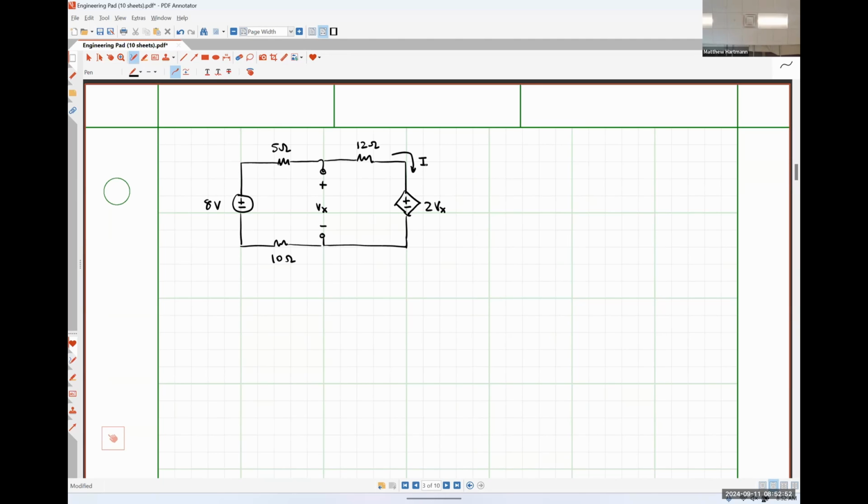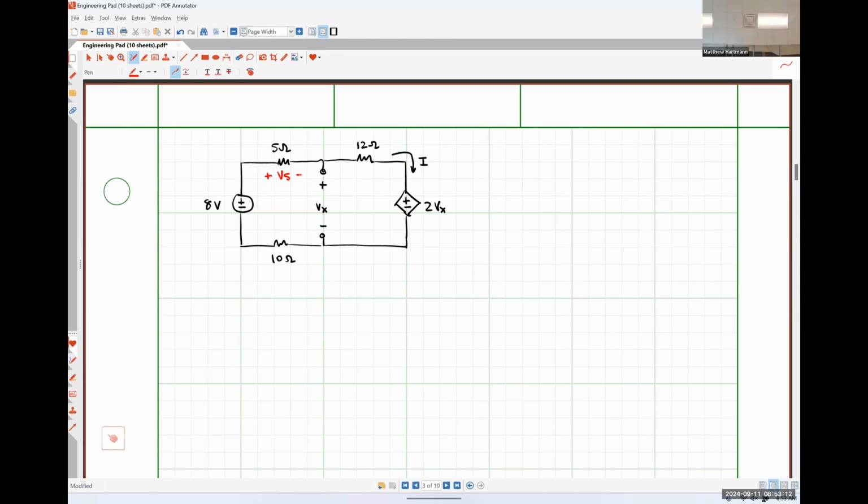So I normally, in the course of working problems personally, wouldn't do this, but I'm going to choose different polarities for my voltages, okay? So what I mean by that specifically is I might choose a positive polarity for my 5-ohm resistor.